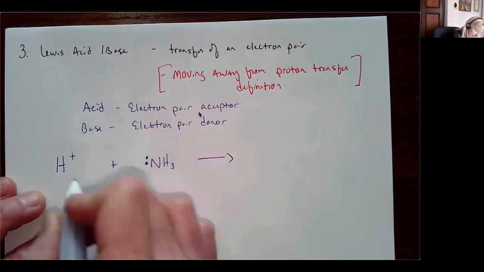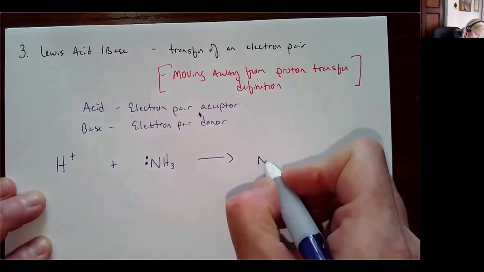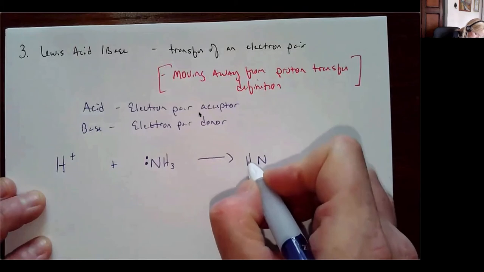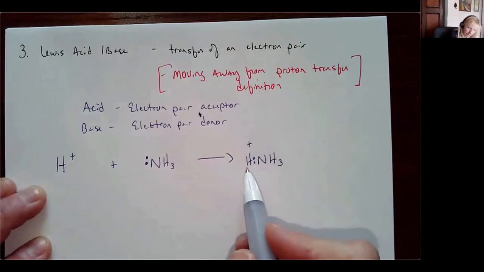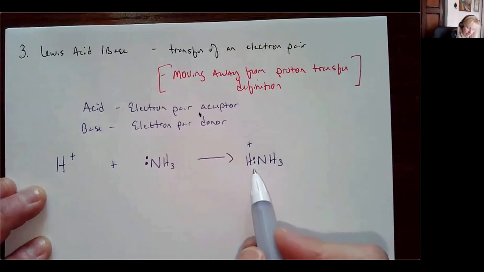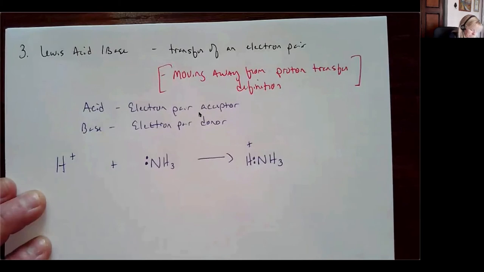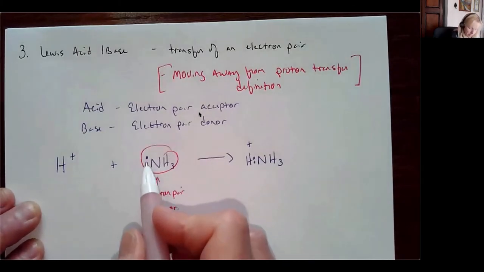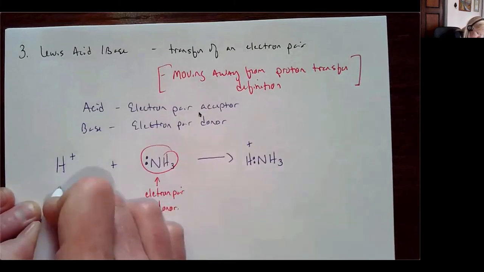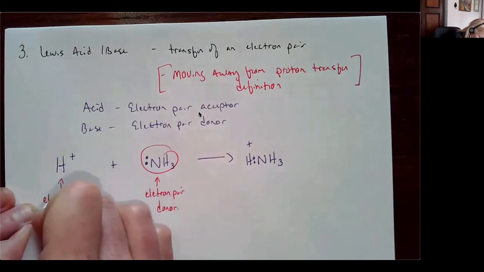If I allow these two to come together, what's going to happen is I'm going to form NH4, and it's going to look like this because this hydrogen ion has accepted an electron pair from nitrogen and formed this Lewis acid base adduct. I have to have a lone electron pair on the central atom to be an electron pair donor. This is going to be my electron pair acceptor.